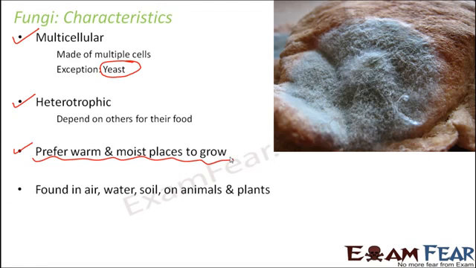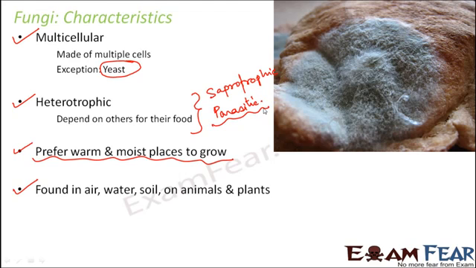They are found in air, water, soil, animals, plants, so they are found in a lot of places. Here we are going to mainly talk about the nutrition of fungi. Some of them are saprotrophic, which we are going to discuss in detail right now. However, some of them can also be parasitic. Some fungi can live inside the body of another plant or animal and cause diseases in them.